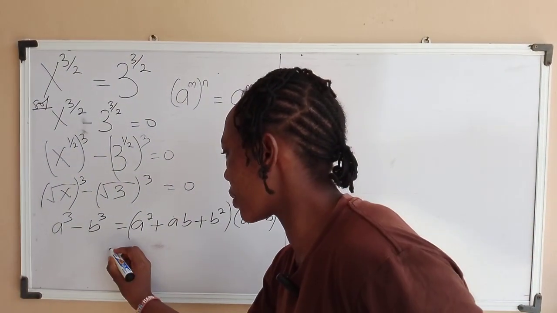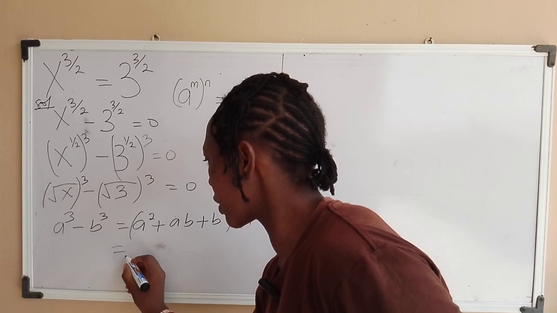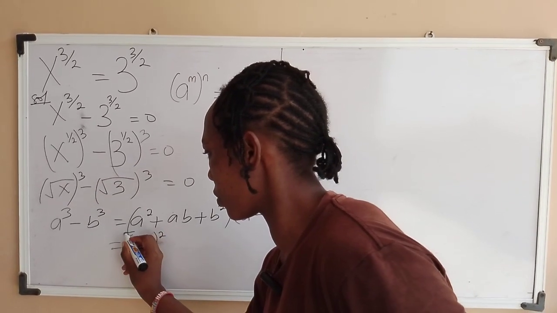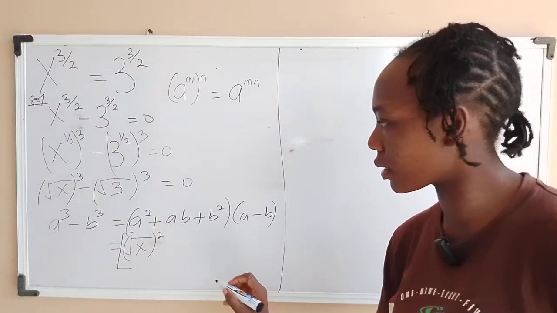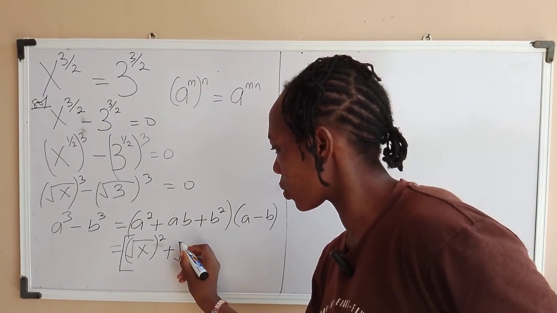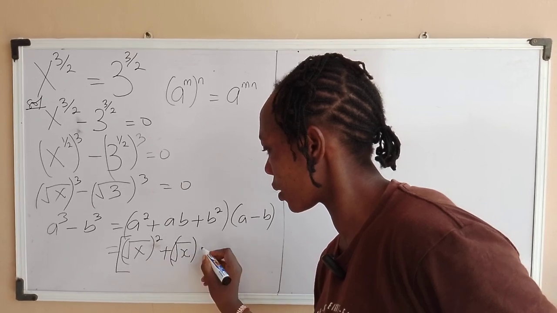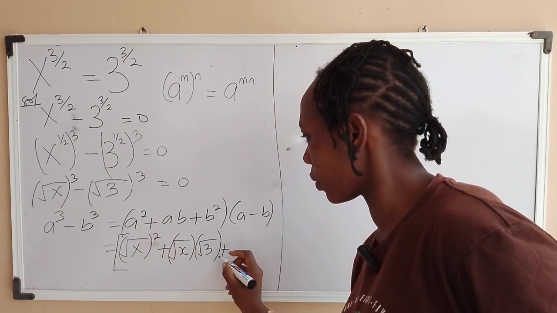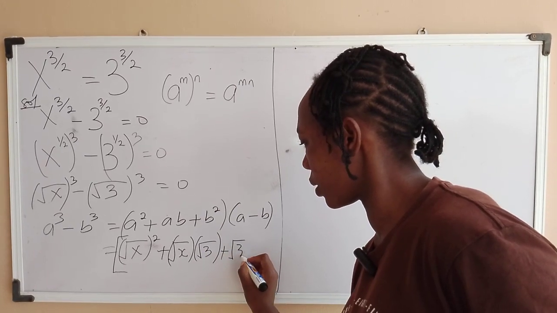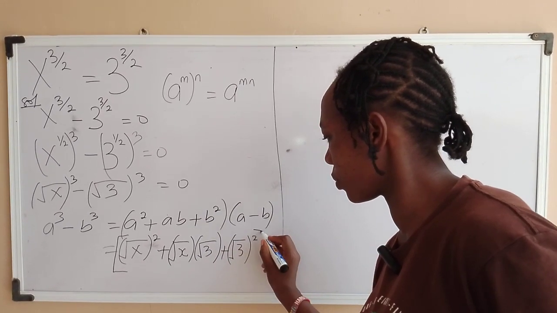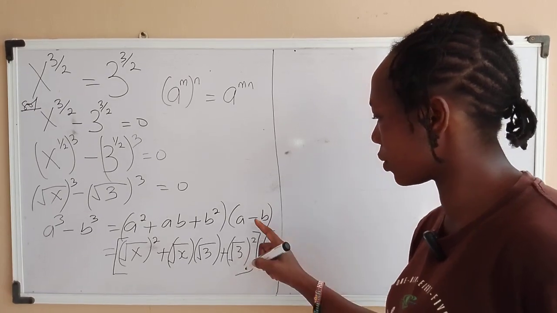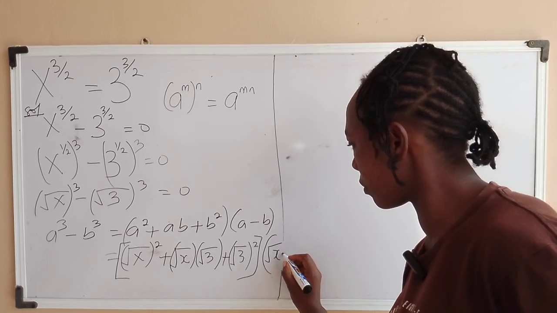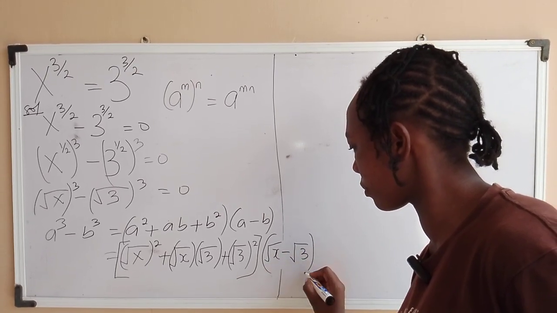So we're going to say (square root of x) to the power of 2, plus square root of x times square root of 3, plus (square root of 3) to the power of 2, in a big bracket, and then we have this one, (square root of x minus square root of 3).